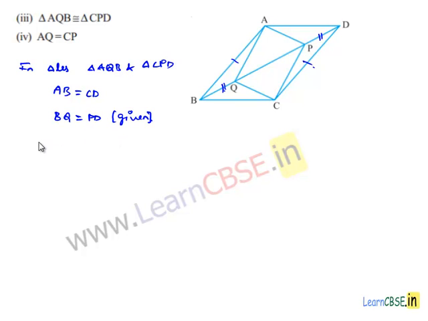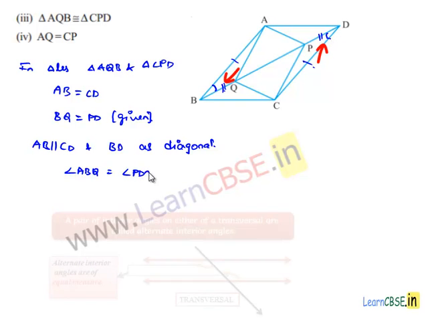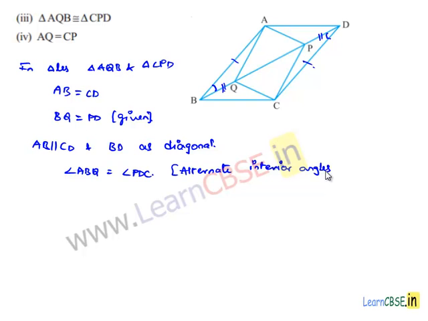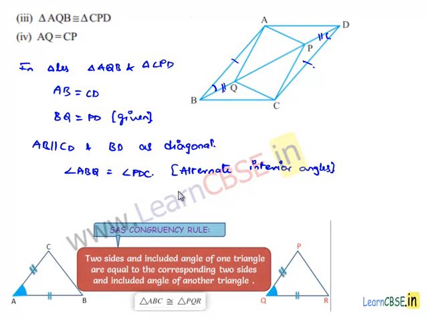Now, if we consider that AB is parallel to CD and BD as diagonal, then angle ABQ will be equal to angle PDC, since they are alternate interior angles. Now the two corresponding sides and the corresponding angle of both the triangles are equal.